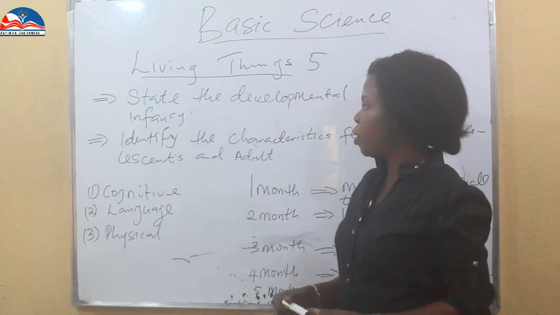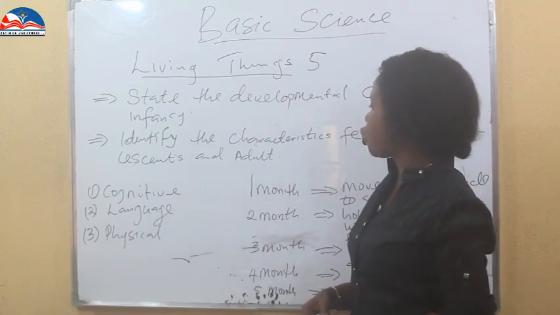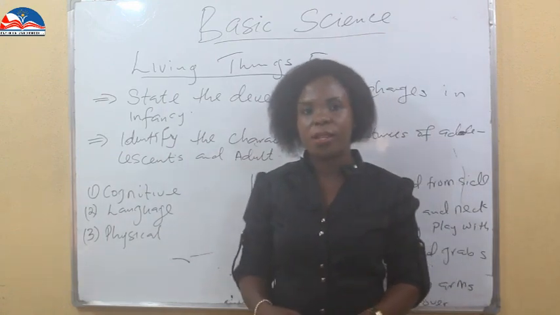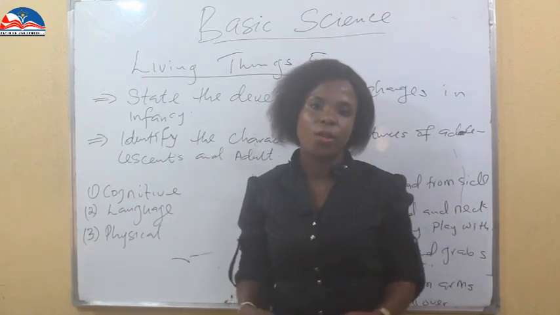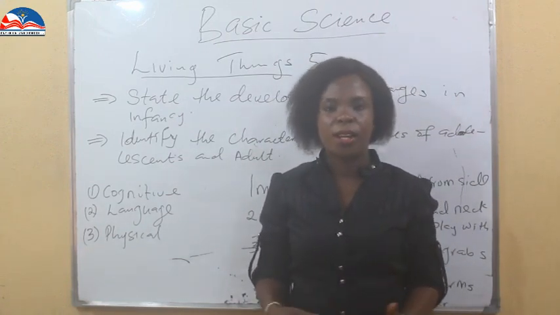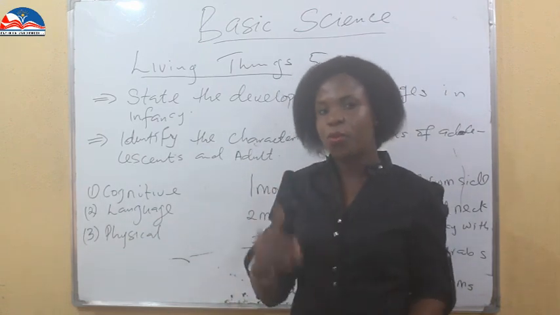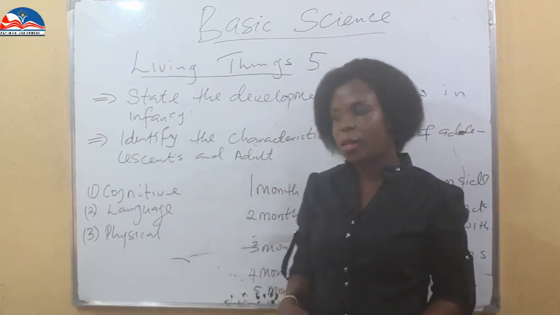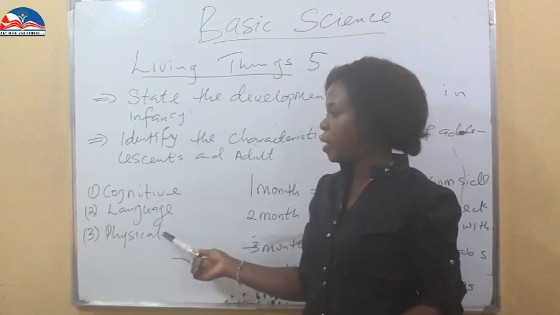And if time permits, we'll take the second objective, identifying the characteristics or features of adolescents and adults. So let's look at the developmental changes in an infant. I'm going to group them into 3, then thereafter we'll break them into different stages. We'll talk about the cognitive, the language, and the physical.